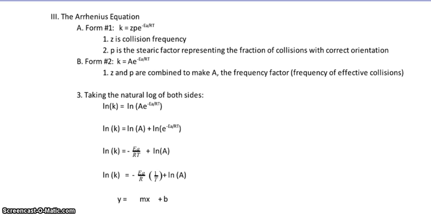It represents the fraction of collisions with correct orientation. So they looked at all the different possible arrangements they can collide and be not correct, and then how many would be correct. So then he says, well, this is a complicated equation. Let's work on this a little bit. And so he combined the Z and P to make a capital A, and that's the frequency factor.